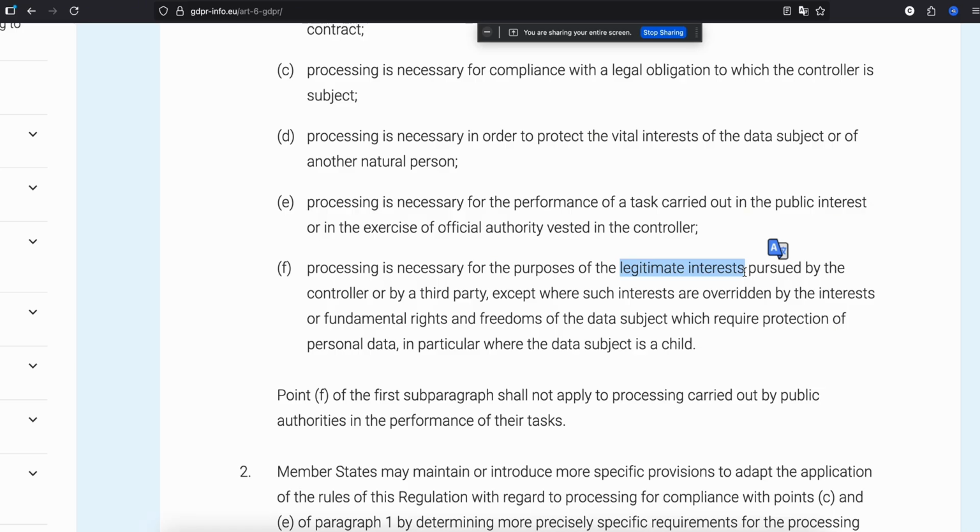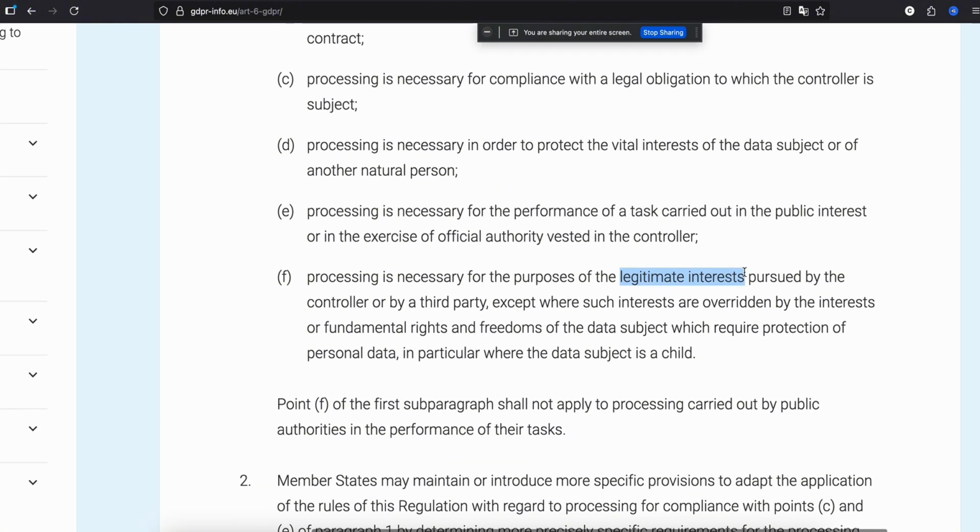Okay, now let me tell you one thing. Remember, legitimate interest cannot supersede or suppress your privacy. If the privacy impact is huge, then the company cannot use legitimate interest. If privacy is affected by their decision or processing activity, they cannot use legitimate interest.